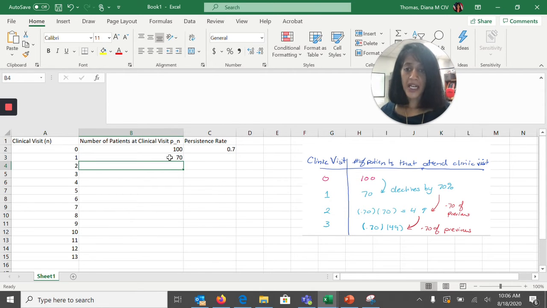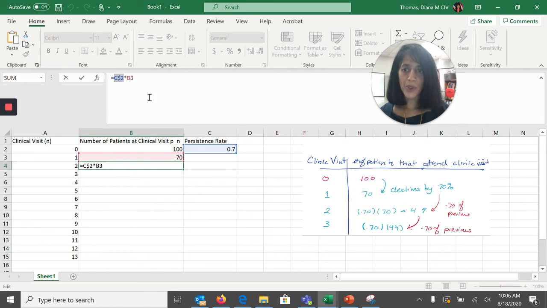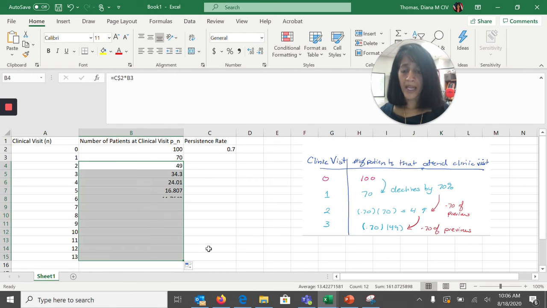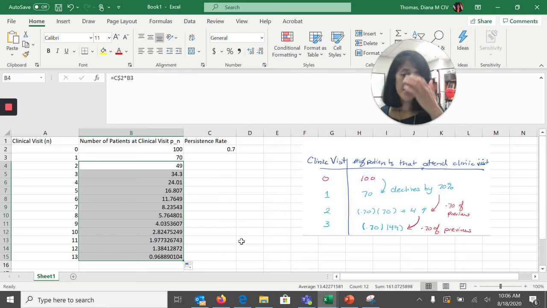And I hit enter, and you see I get the same number, 70. Now, as a proof of concept, let's pull it down one and see if we get 49. We do. And if you look here, it's taking 0.70, which is in cell C2, and multiplying it by the value in cell B3. So now you can pull this down all the way, and you can see what happens.